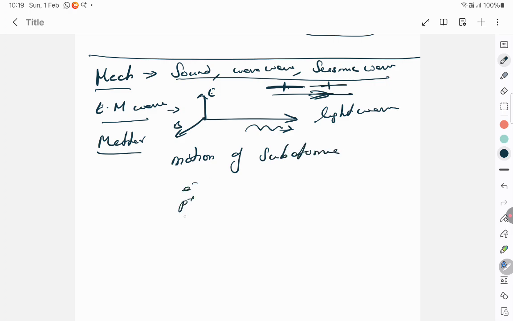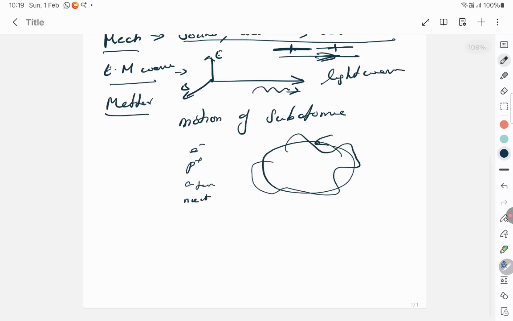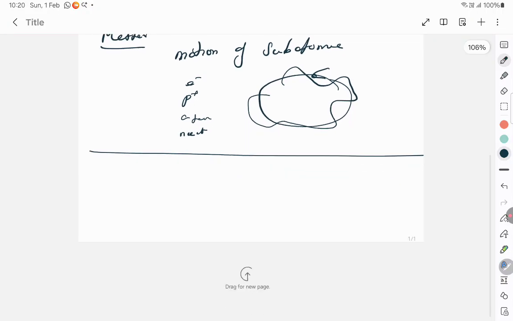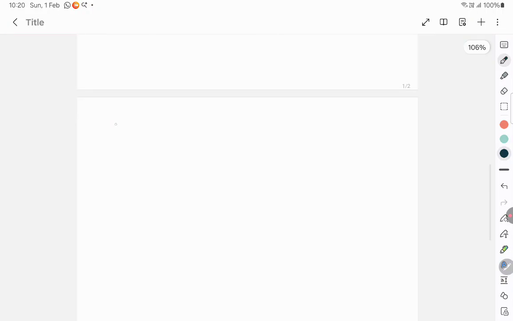Say electron, a proton, an atom, or a molecule, a neutron can all be termed as subatomic. When a subatomic particle is moving around, it will display wave nature, and those waves are referred to as matter waves.